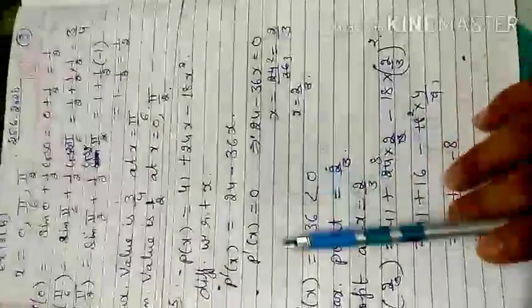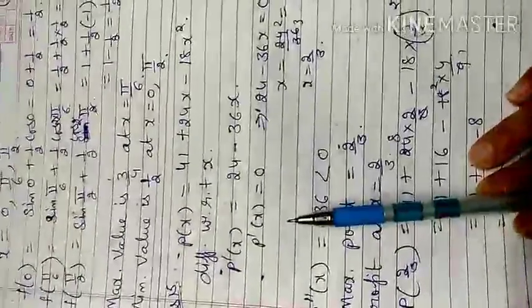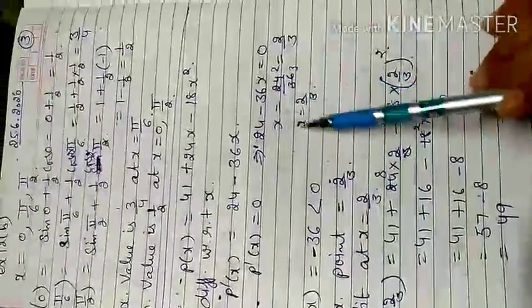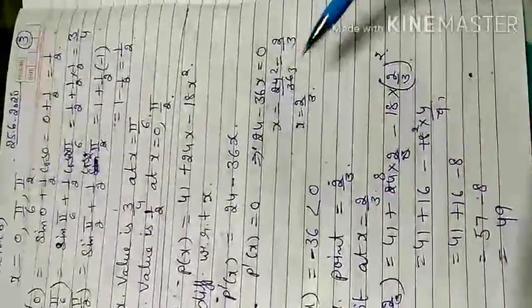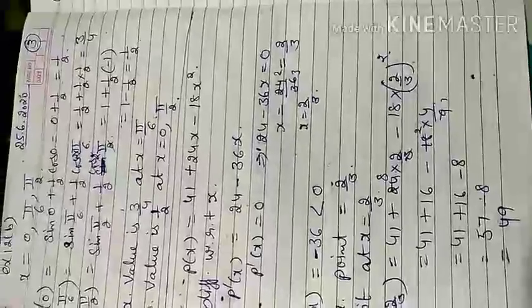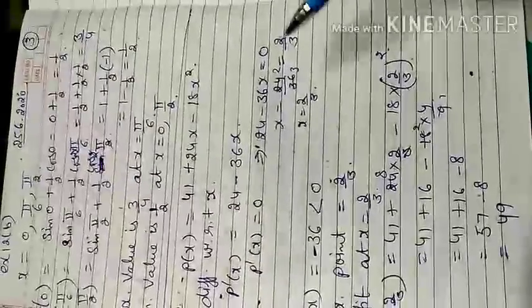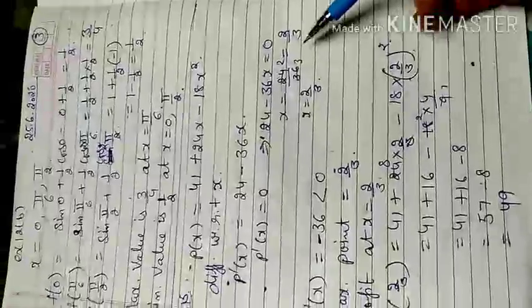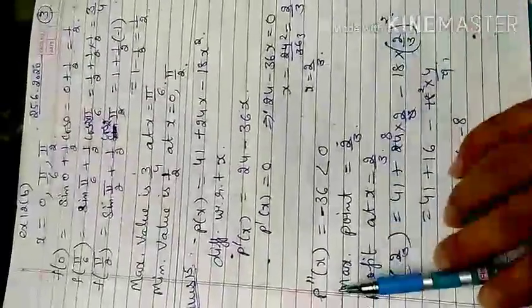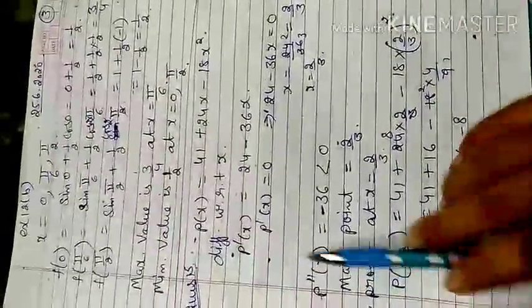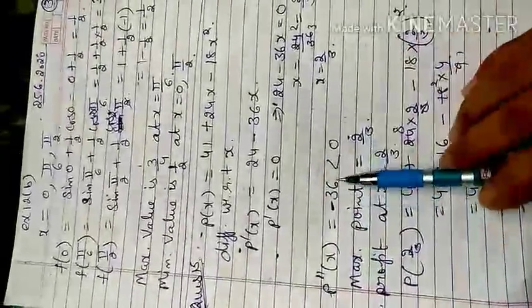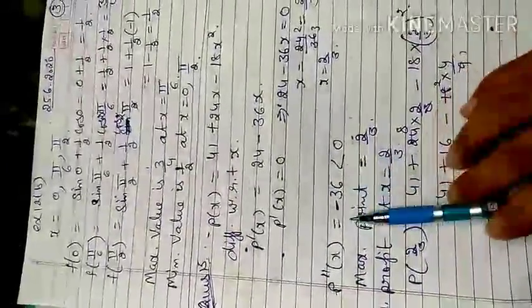So when we find the x value by differentiation, p dash x is equal to 0. 24 minus 36x, we get the x value 24 by 36. By dividing each numerator and denominator by 12, we get 2 by 3, because 12 twos are 24 and 12 threes are 36. Now p double dash x, when you go with the double differentiation, we get minus 36, and here no x value is there.